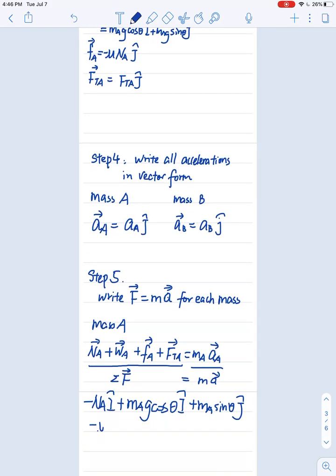And we have two more forces, minus mu NA plus FTA. This is in the j direction. Okay, and those are all the forces in terms of i and j components.